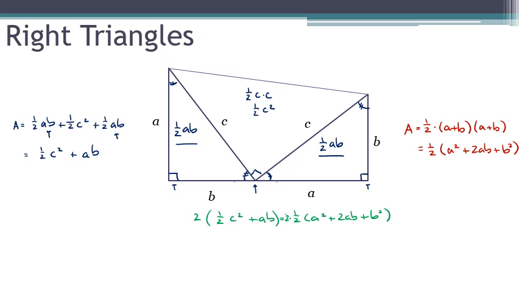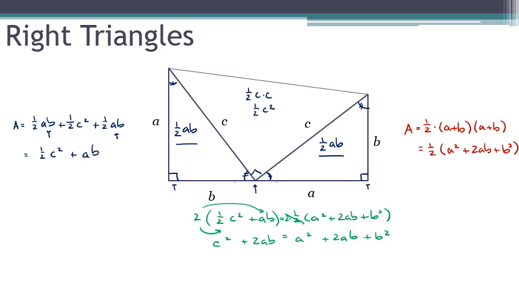On the right-hand side, they just cancel, and all that's left is A squared plus 2AB plus B squared. Over here on the left side, I have to distribute. When I multiply 2 times 1/2 C squared, that's just C squared. When I multiply here, that's plus 2AB.